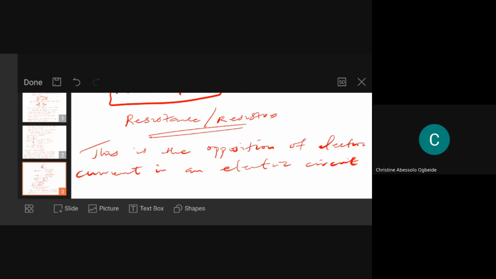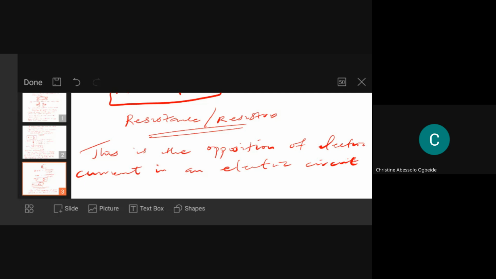So this is called resistance. And then what is a resistor? The device that opposes the flow of electric current is called a resistor. So resistance is the opposition of the electric current in an electric circuit, whereas a resistor is simply the device that opposes the flow of electric current.